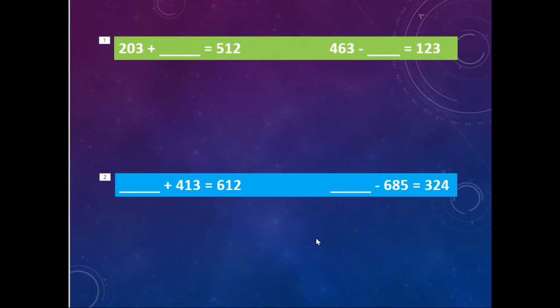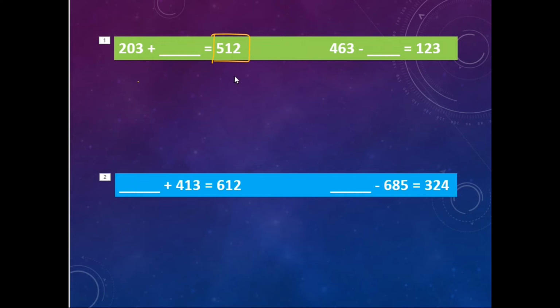Now let's understand how to use what we have learned so far to solve these questions. We have learned that whenever we add two numbers, our answer is always the biggest number or the greatest number. So in the first question, we have 203 plus blank equals 512.